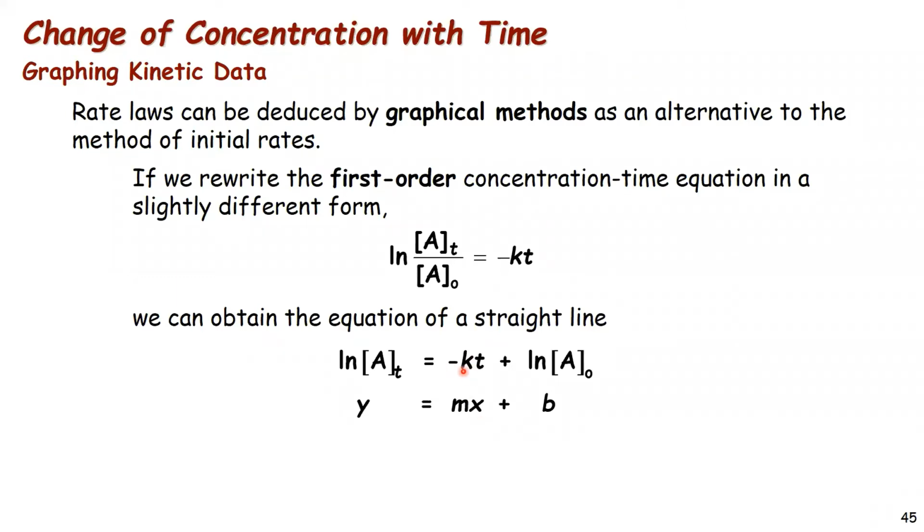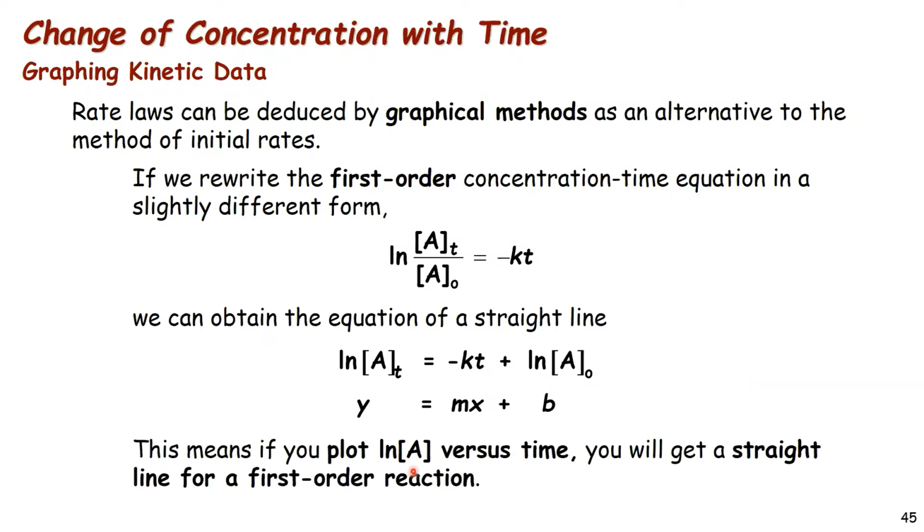The m is negative k. The x is just our time. And b is positive, the ln of the initial concentration. Now we can plot y versus time, so the ln of the concentration at a given time versus time, and we can figure out what k is that way graphically. Okay.